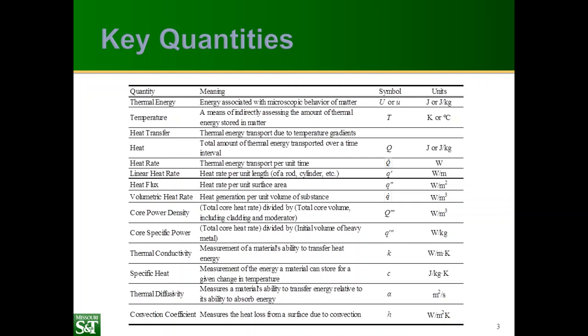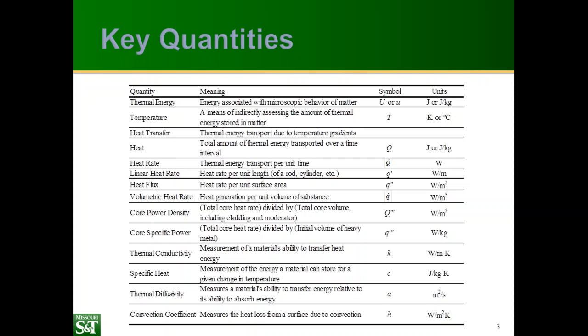And materials engineers are going to look at the core specific power, because they're looking at how much fuel is being used. So different types of engineers are going to use these parameters differently, and we need to know how to exchange information and how to convert from one type to the other.